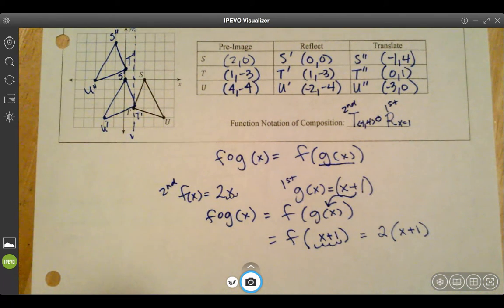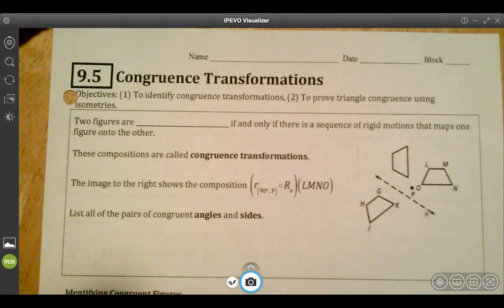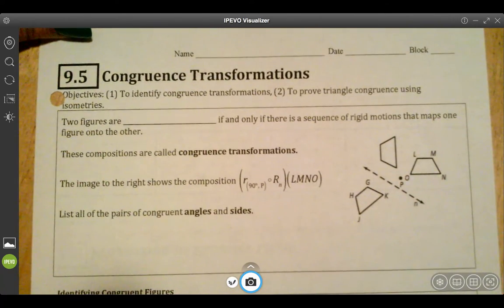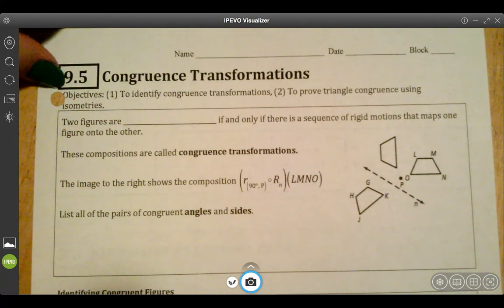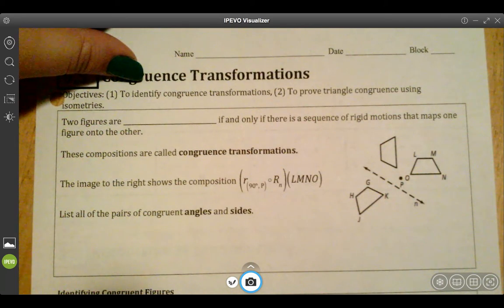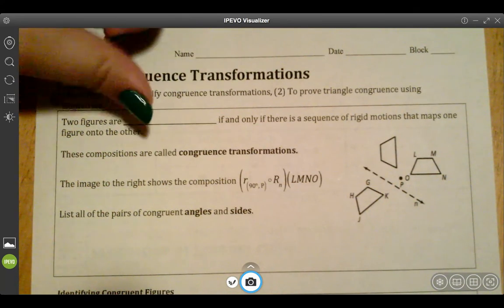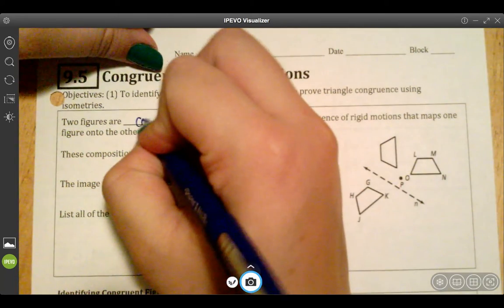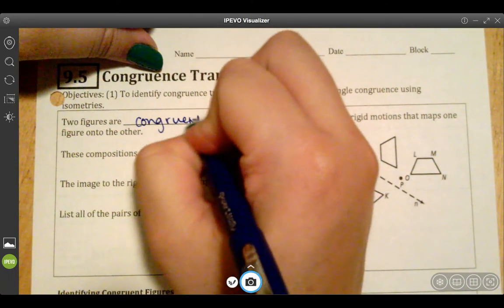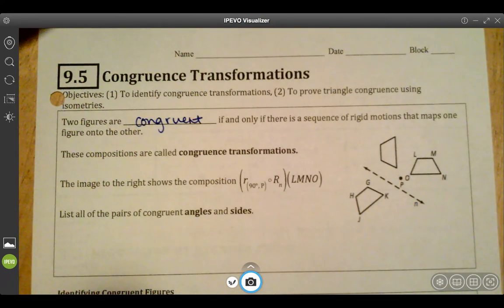Okay, let's take a look at 9.5. In 9.5, we're looking at how we use these compositions in order to verify when objects are congruent. So our objectives are to identify congruence transformations and to prove triangle congruence using isometries. So 2 figures are congruent if and only if there is a sequence of rigid motions that maps one figure onto the other.